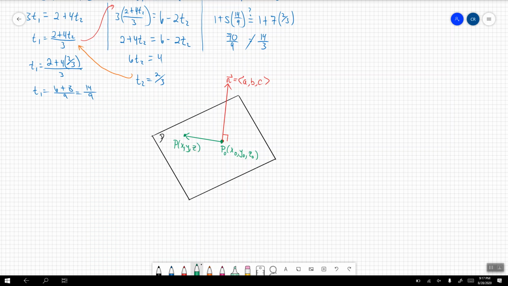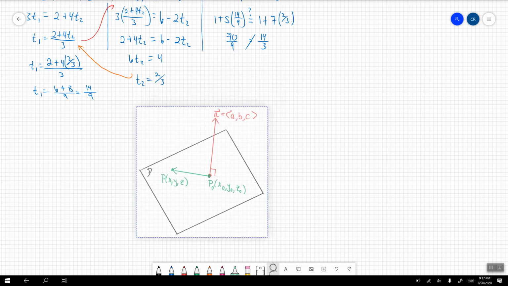So now I can start extracting what this vector is.